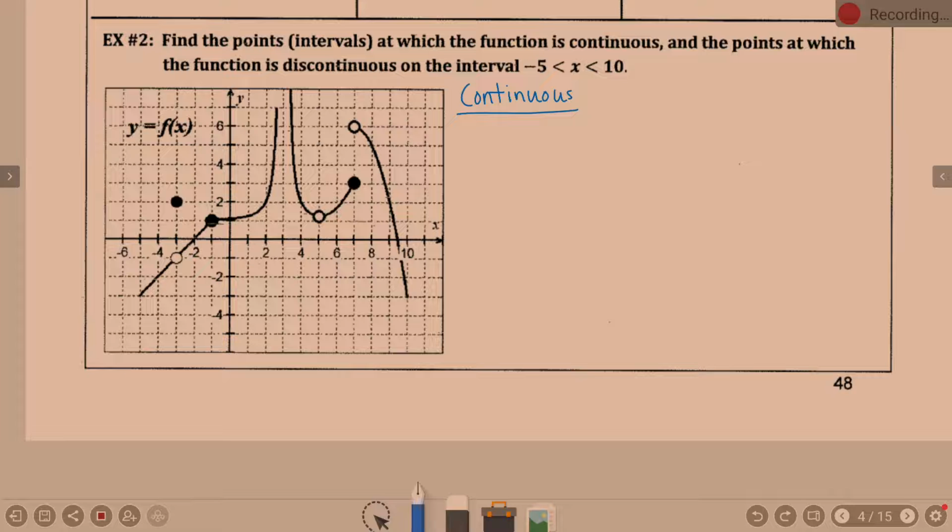So, what's the first interval that this function is continuous? If we start on the left, it's continuous from where to where? There's no arrow there, so don't use negative infinity. She's tricky like that. If there's an arrow, I'd go with negative infinity.